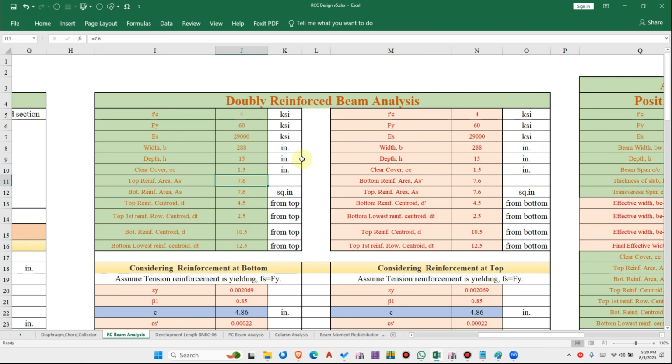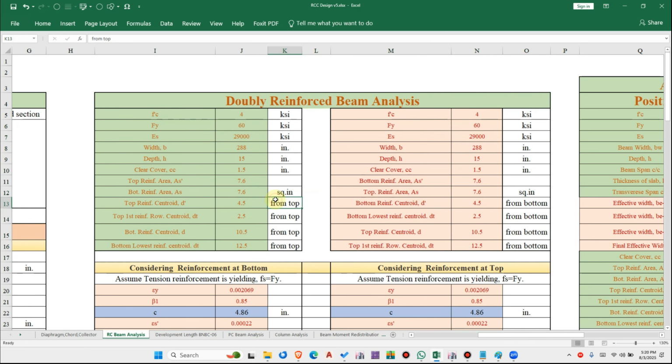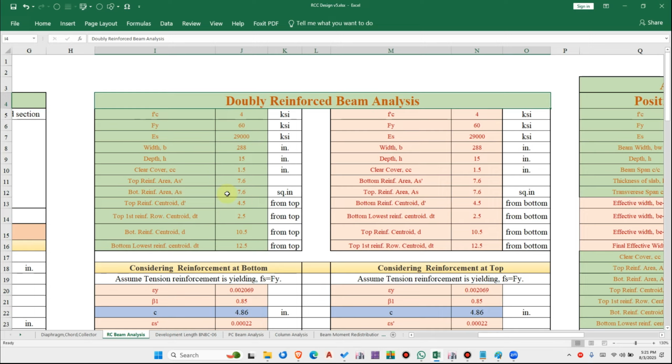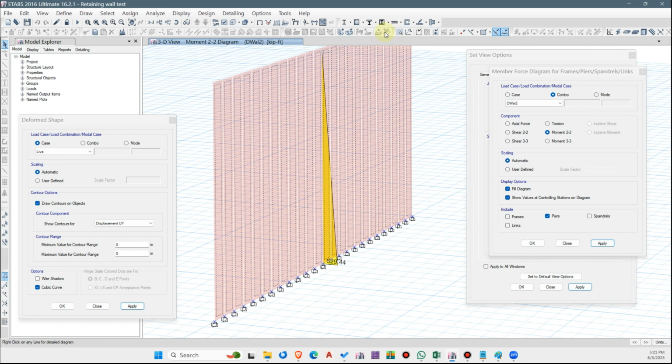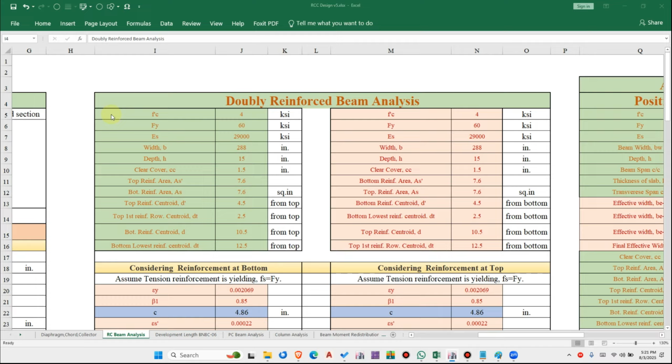Then top reinforcement area and bottom reinforcement area. So here it is actually a beam analysis done for the wall. The ones who have already designed a retaining wall or sliding beam already understand this concept. So let us determine how much reinforcement we have already provided to the retaining wall here.